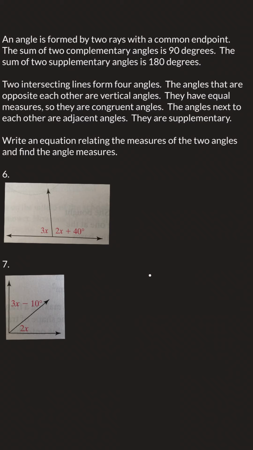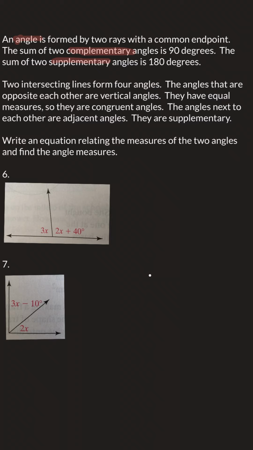Here are some skills and concepts. An angle is formed by two rays with a common endpoint. The sum of two complementary angles is 90 degrees. The sum of two supplementary angles is 180 degrees.